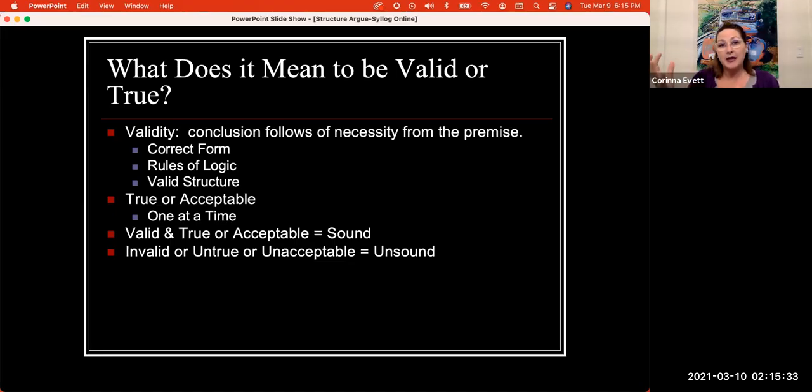We want to have that persuasive element, but more importantly, we want to create sound, rock solid logical arguments, so that it's harder for anyone to poke holes in our argument or refute it. That makes it even stronger for us.